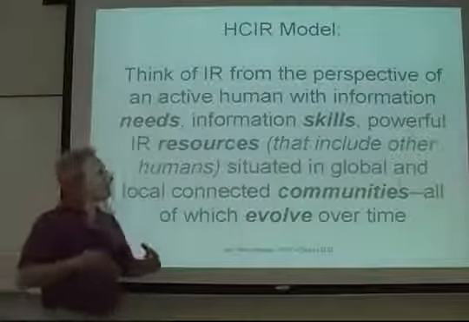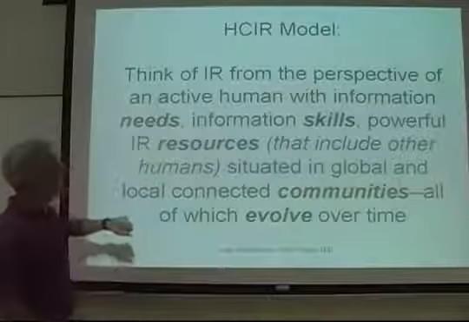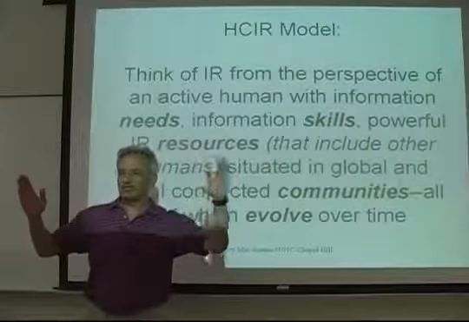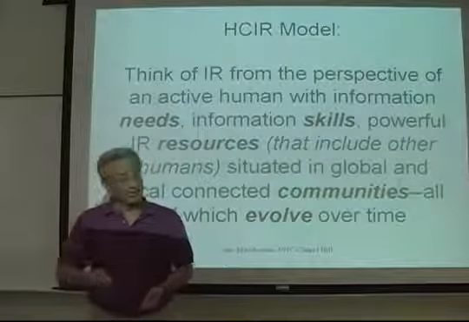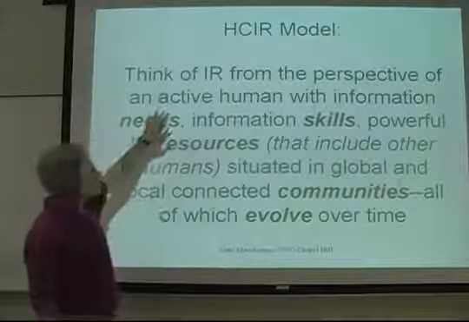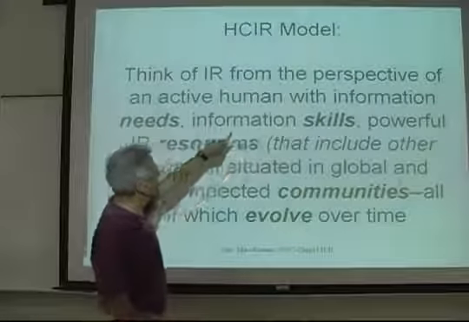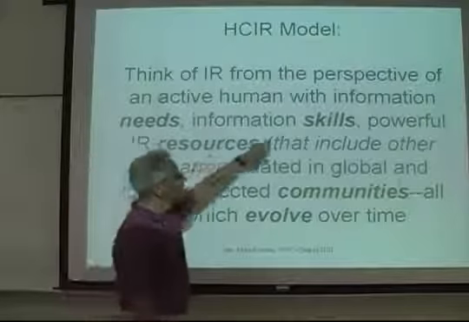To summarize, though, the basic HCIR model goes something like this. Instead of thinking of IR as this kind of matching of documents and queries that the system does, and humans just kind of pose the queries, we want to think of information retrieval from the perspective of an active human who's got information needs, not queries, and skills.